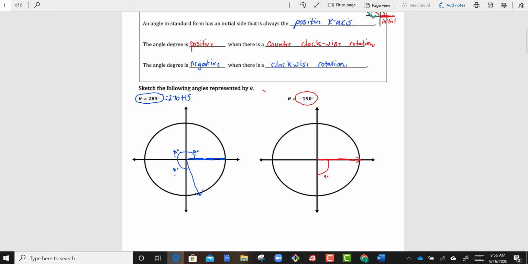And again, that's negative 90. That's negative 180. So that means we just need to go an extra negative 10 degrees, which would be somewhere right here in quadrant number 2. Again, we're just doing a rough sketch. It doesn't have to be exact.